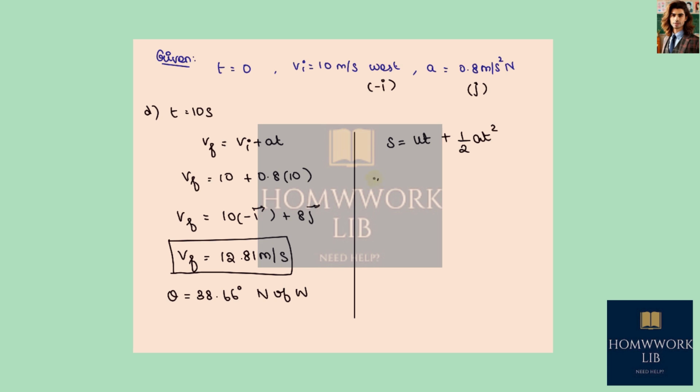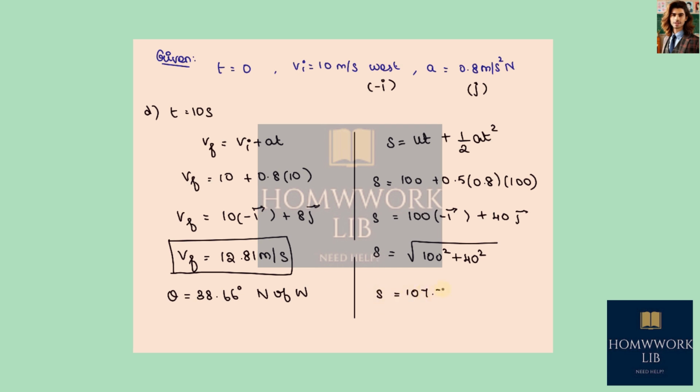Similarly, if we find displacement, then it will be equal to 100 plus 0.5 into 0.8 into 10 squared is 40, and we get the displacement vector is 100 meter west plus 40 j vector. So this gives the magnitude as square root of 100 square plus 40 square, and we get the magnitude of displacement as S equal to 107.70 meter.